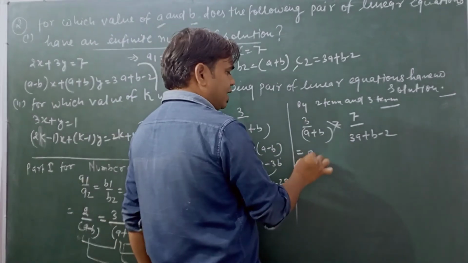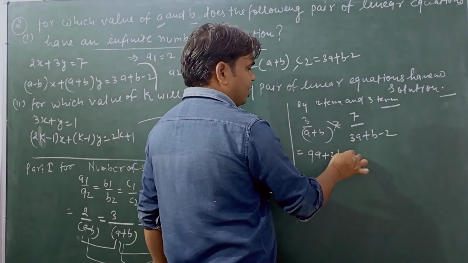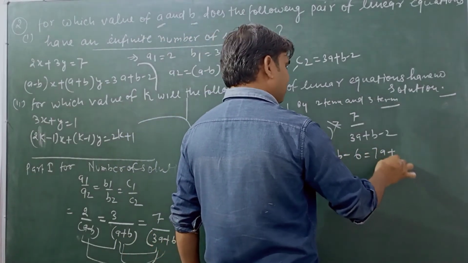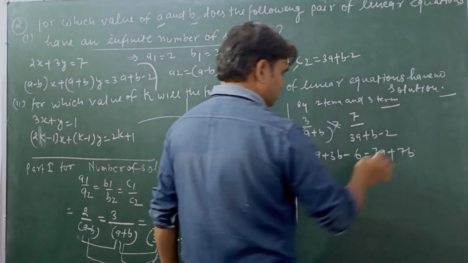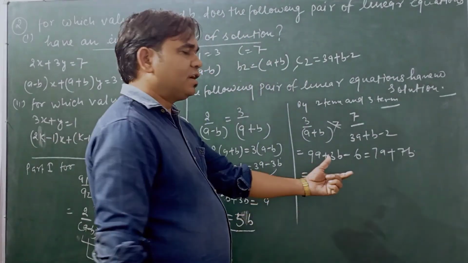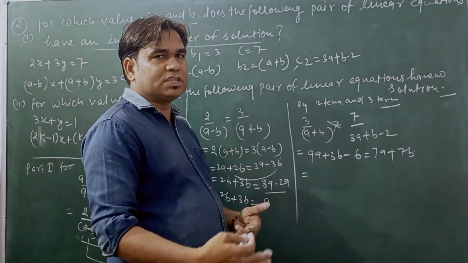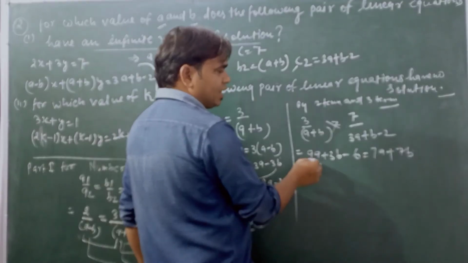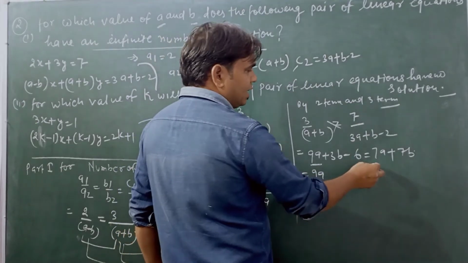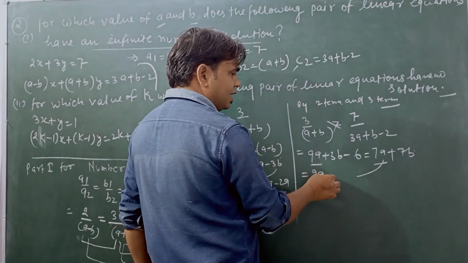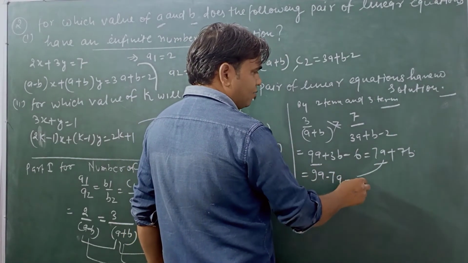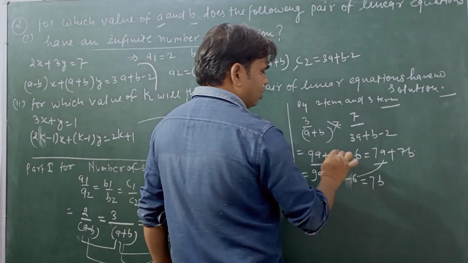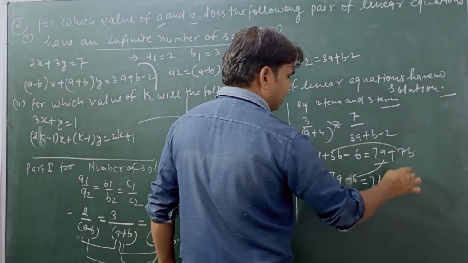So 9a plus 3b minus 6, and here 7a plus 7b. We can transfer a to one side and b to the other side. So we take 9a and 7a, it means 2a, minus 6, and 7b, we transfer 3b here, so 4b.